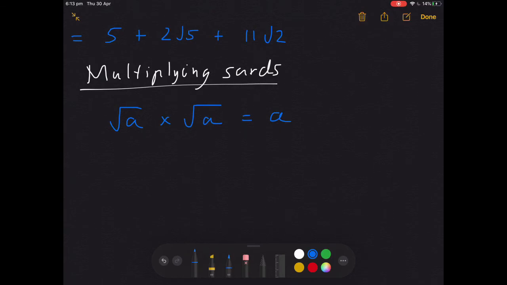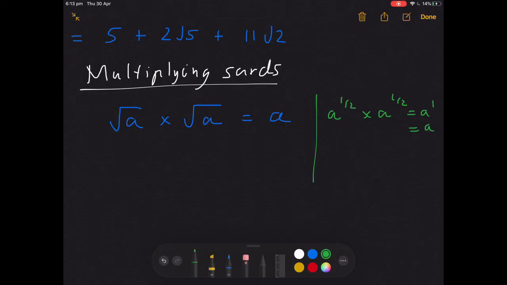If you remember back to fractional indices, where root A is A to the power of a half. A to the half times A to the half. What do we do when we're multiplying together things that have the same base? What do we do to the indices? You add them. So this is A to the 1, which is A.